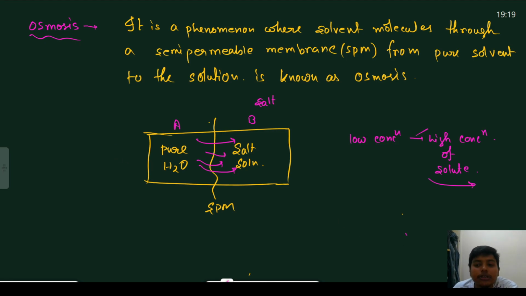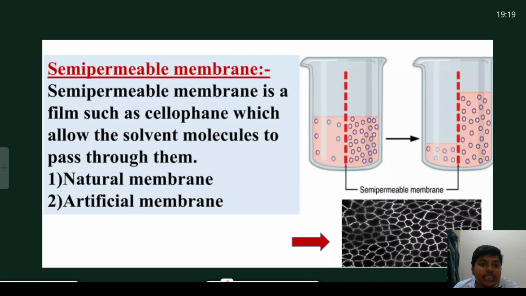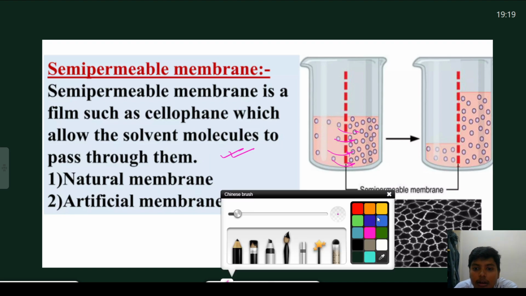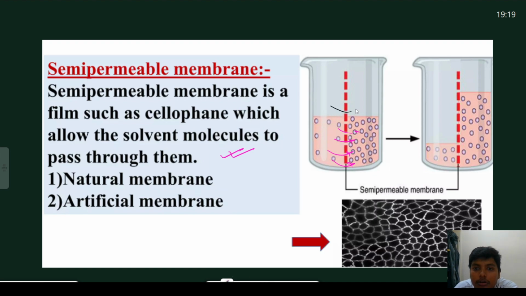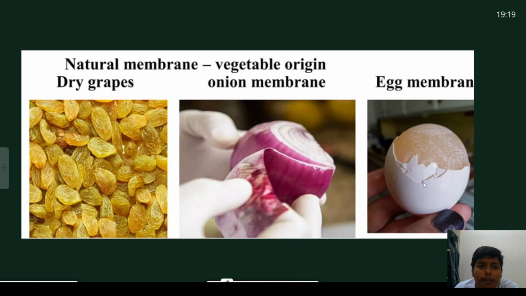Now what kind of semi-permeable membranes are there? Semi-permeable membrane means a film of cellophane which allows solvent molecules to pass through it. You can see this in your daily life also. Two types of membranes are there.